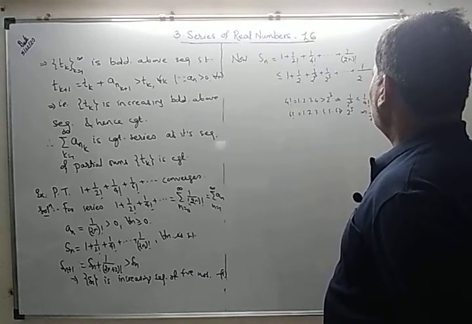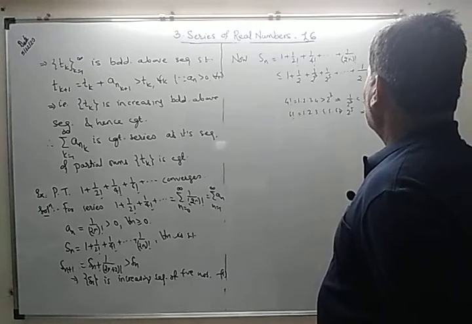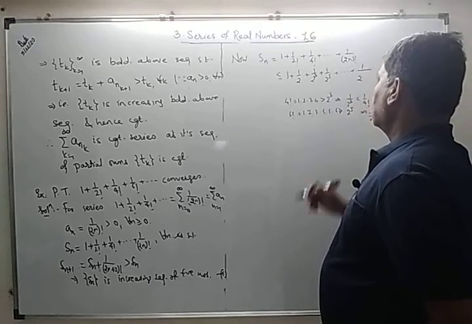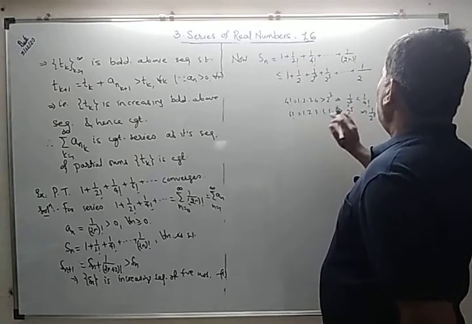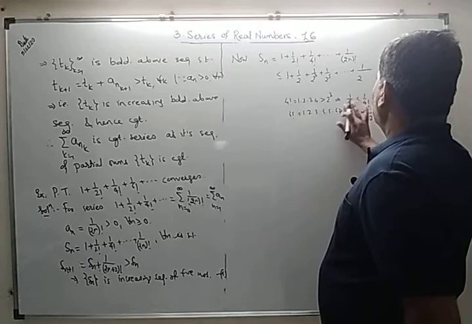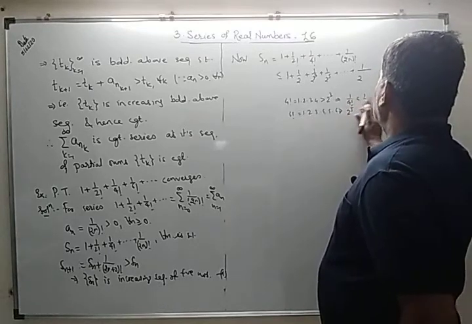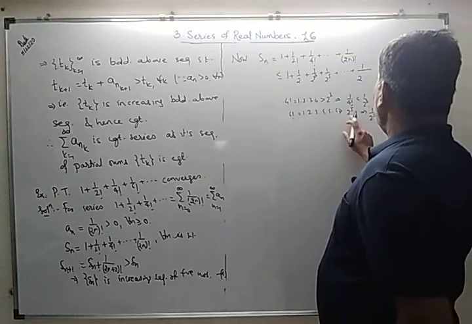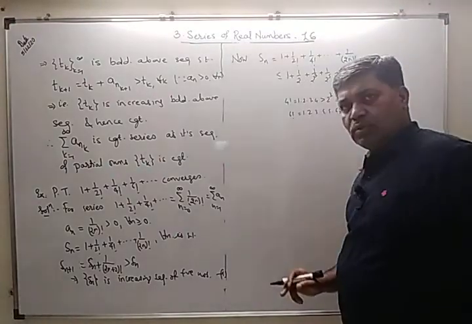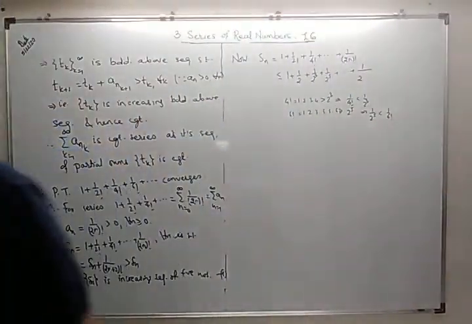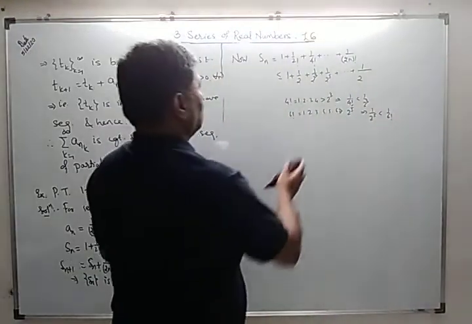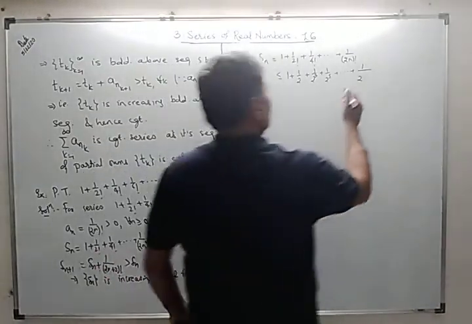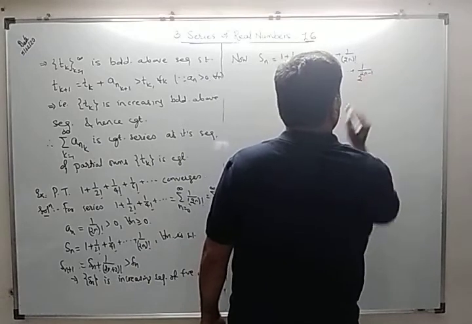Is it clear? Sorry, 1 upon 4 factorial is less than 1 upon 2 cube, and 6 factorial is greater than 2 raised to 5, meaning 1 upon 2 raised to 5 is less than 1 upon 6 factorial. So thus we will get up to 2n minus 1.